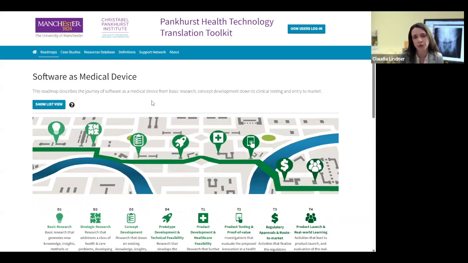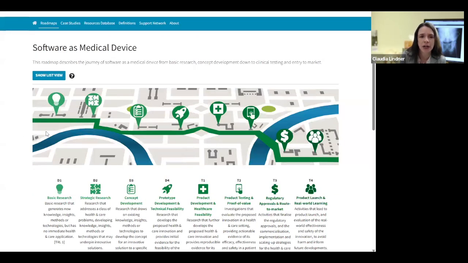As part of the demonstration, I'm going to show you both, but I'm going to start with the map view. As you can see at the very top, we've got our little roadmap, and we've got 8 pins on there, which represent the 8 different stages. At this point, I'd also like to mention why we are referring to it as a roadmap. Even though it looks a bit like a linear road with all 8 stages, and all 8 stages need to be completed, quite often it's not actually a linear pathway.